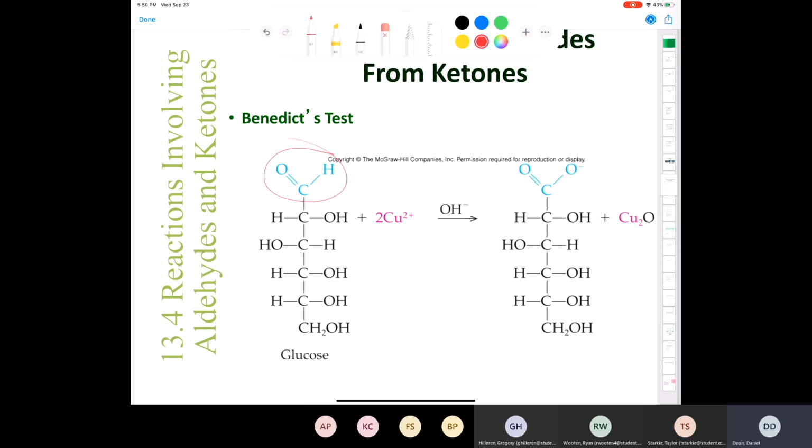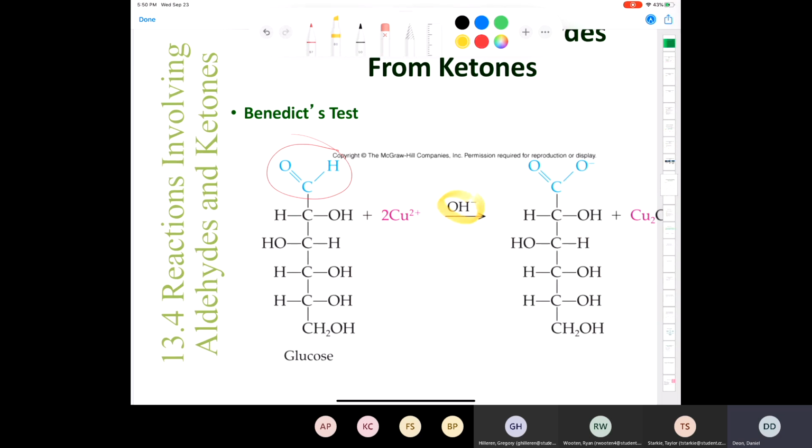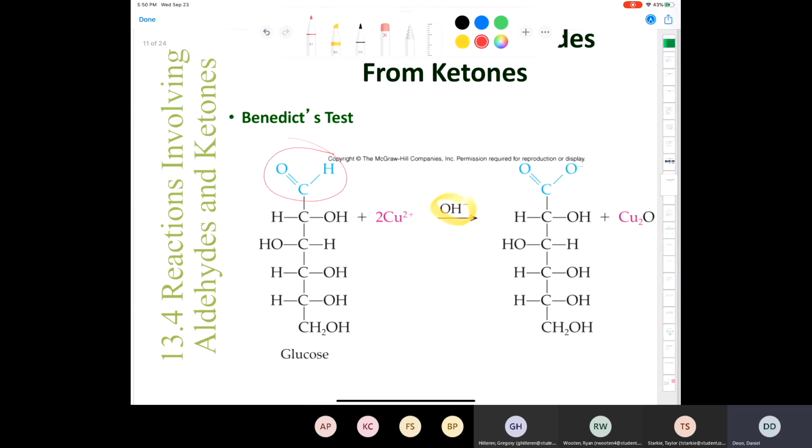Let me just talk about this a little bit more. You have copper 2 hydroxide, and the hydroxide ion is basic. So you're doing the reaction in base, and when you oxidize the aldehyde, it gets oxidized to a carboxylate. Now, you all know what a carboxyl group is, right? A carboxyl group is the functional group of a carboxylic acid. This is a carboxyl.